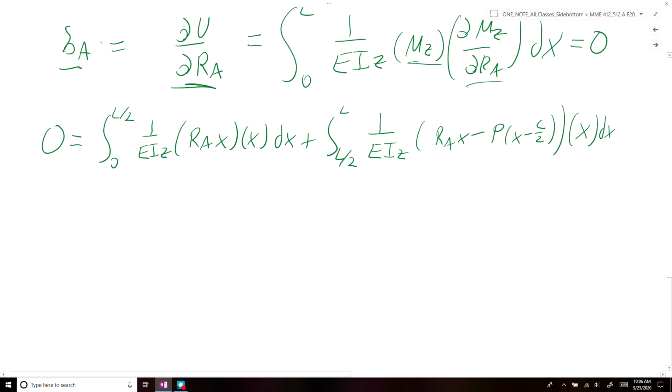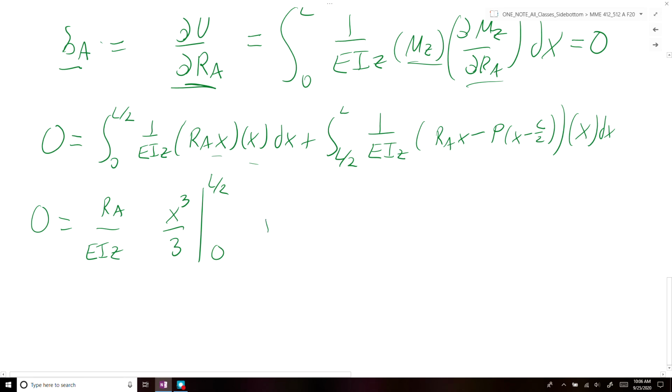If you keep going, what we end up getting is 0 equal to RA over EIz, and then this term here would just be x squared, so the integral of x squared would just be x cubed over 3 from 0 to L over 2.